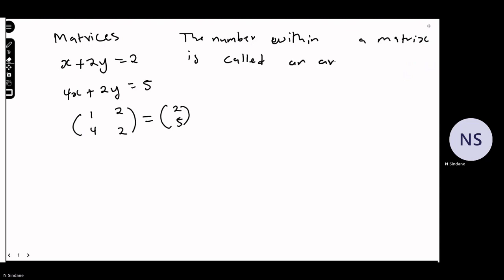It's called an array, meaning these things inside the matrix are arrays.